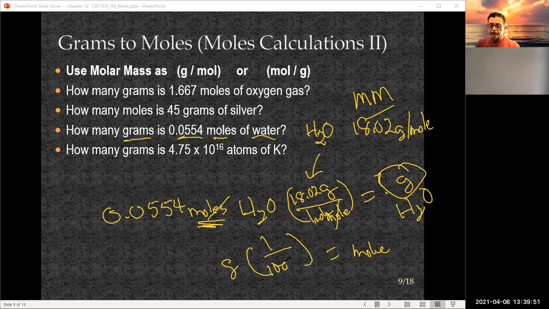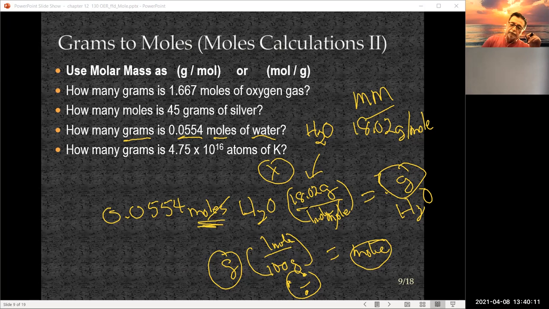Let's say this is 100 grams per 1 mole. Notice that? So if I start in grams and I want moles, I divide by the molar mass. If I start in moles and I want grams, I multiply by the molar mass. That's a little trend there that can help you out.